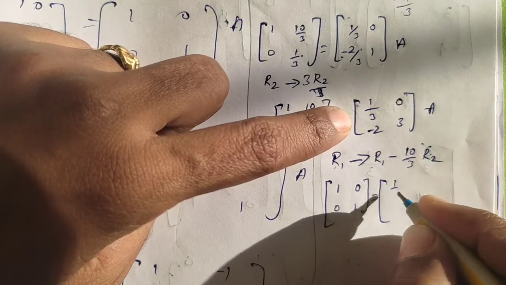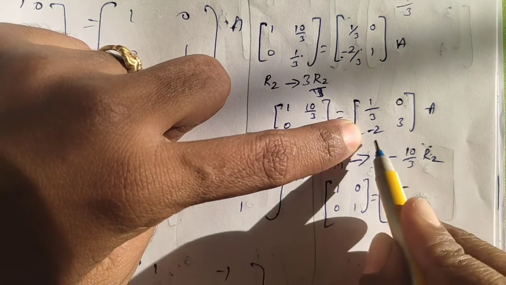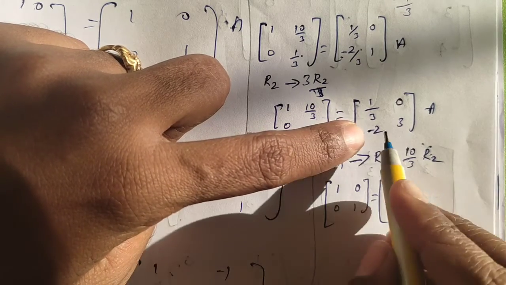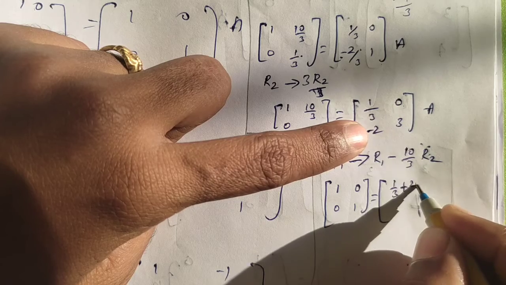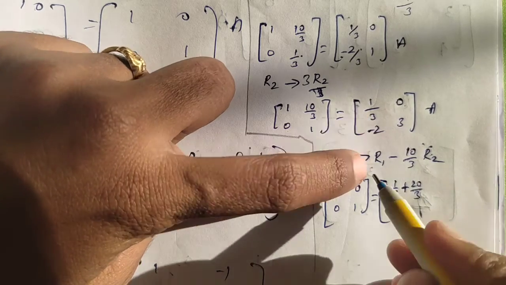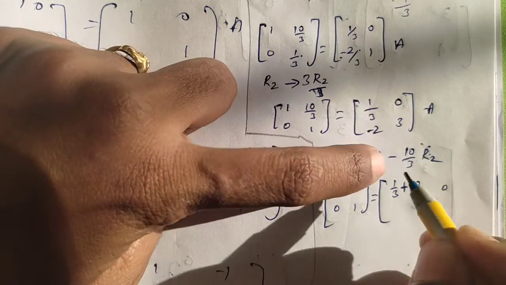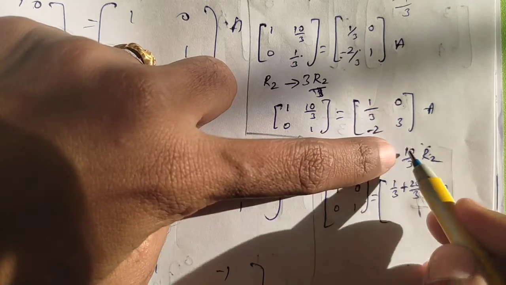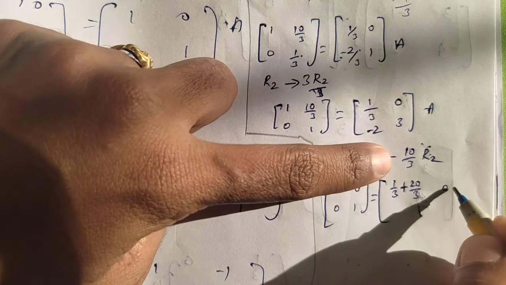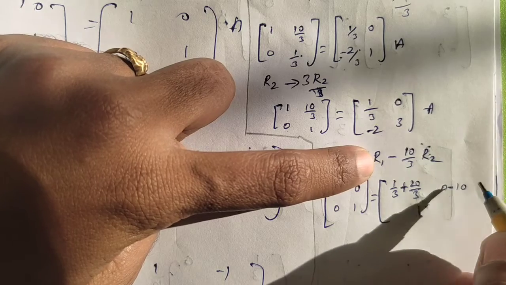This 1 by 3 minus, here minus again, so plus 2 into 10 by 3, that is 20 by 3. Next 0 minus 3 into 10 by 3, 3 get cancelled, we have minus 10.